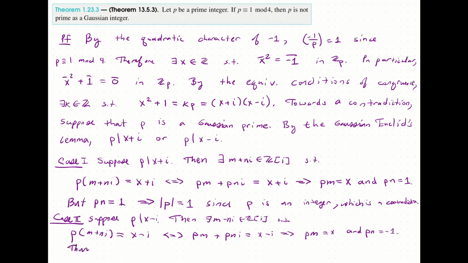And so thus the absolute value of p is again 1, contradiction. But this exhausts all the possibilities, so we conclude that p is not a Gaussian prime.